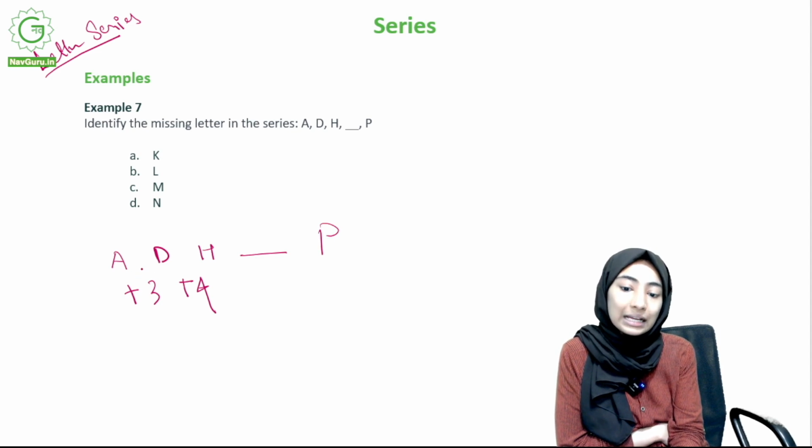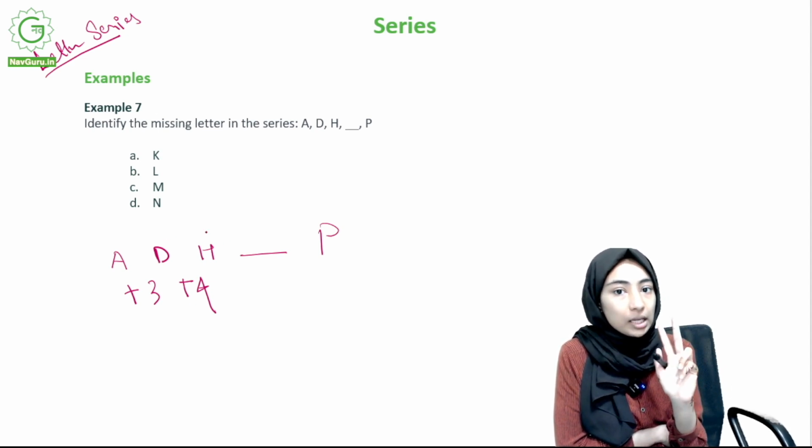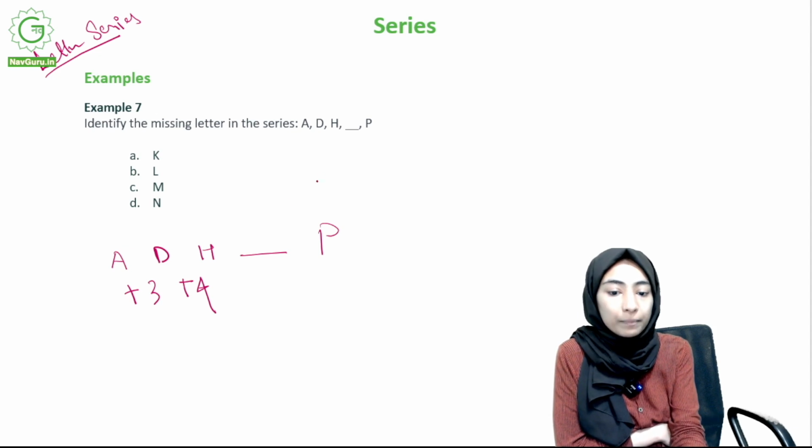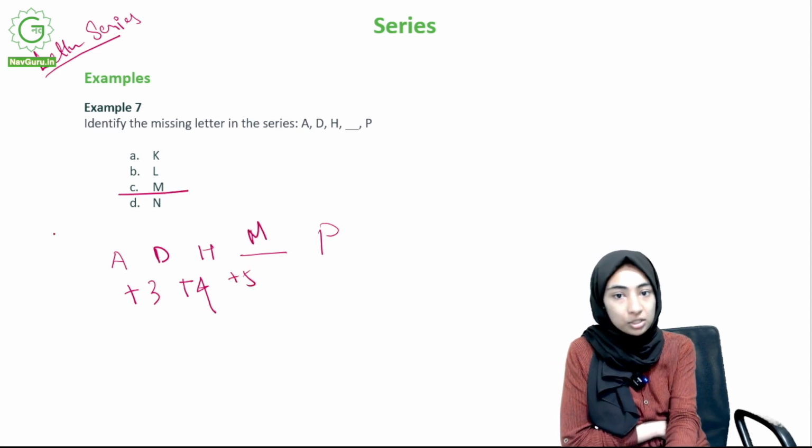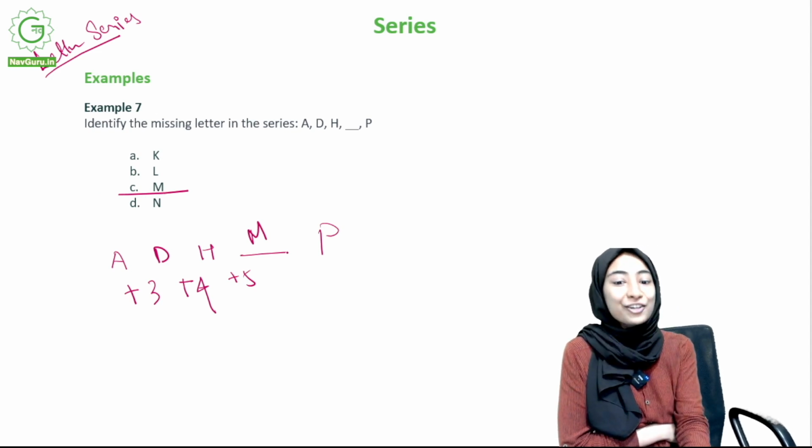So here, since I added a 3 first and then a 4, I can guess that the next number would be a 5: 3, 4, 5. So in that case, it would be H, I, J, K, L, M. Okay. So here if it's a 5, I'm not sure, just because I see M in the option does not mean I can go tick it. I need to cross check it, right?